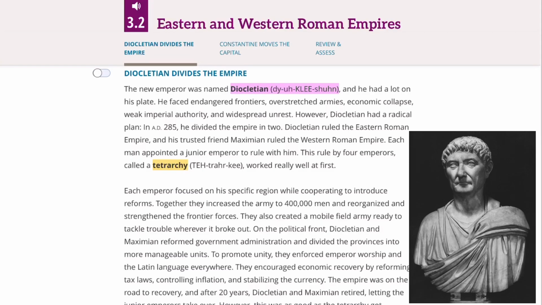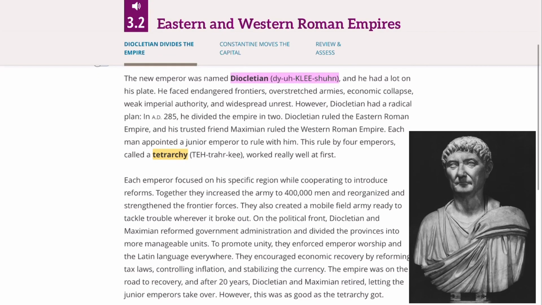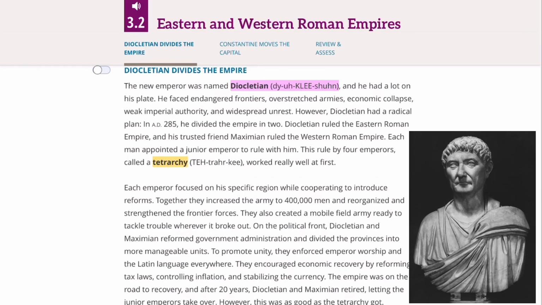It is common for kings or emperors to unify different kingdoms so that they can consolidate and create a bigger empire. However, Diocletian's approach is a little bit different. Instead of making the empire bigger, he divided it into two.